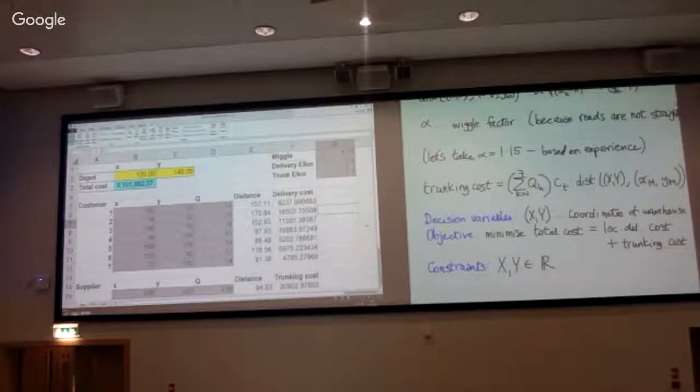Okay, we've got the decision variables here in yellow. Those are the coordinates of the warehouse. All the data are in gray. So the X and Y coordinates of all the customers, the X and Y coordinates of the milk, the total Q, the demands of the individual customers.